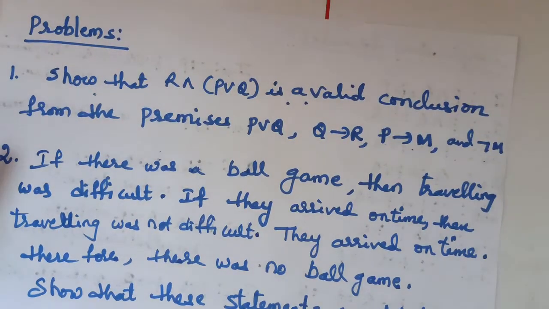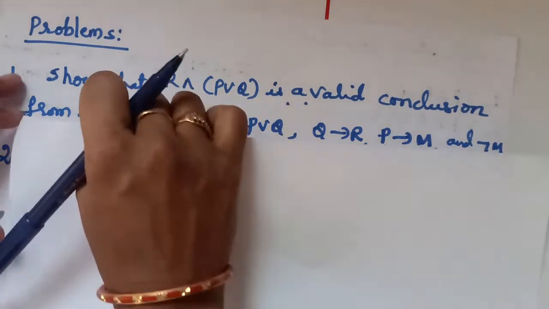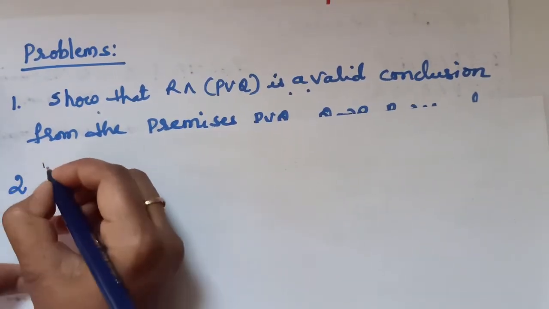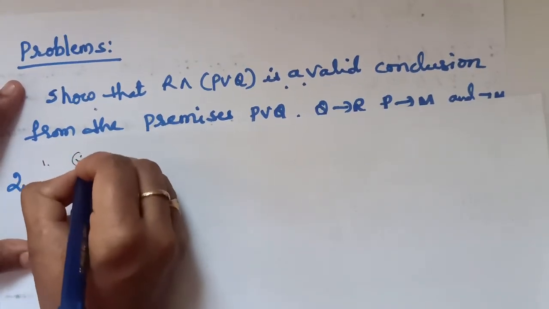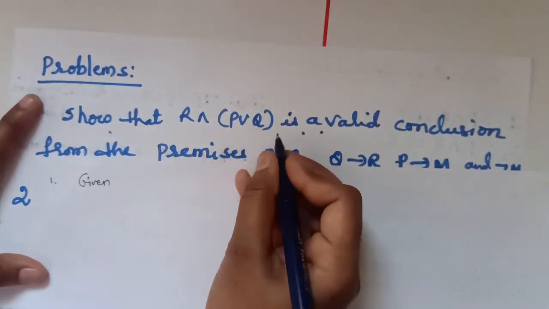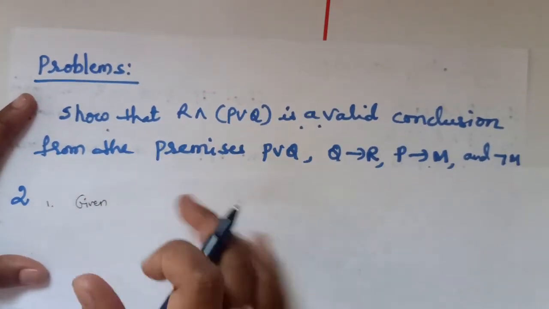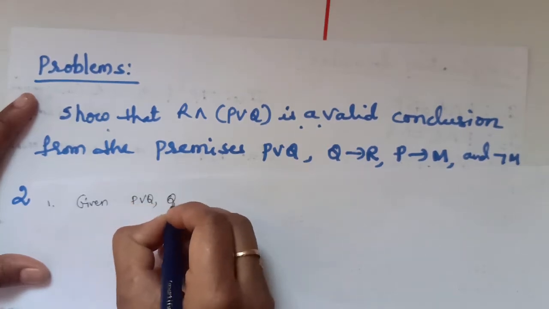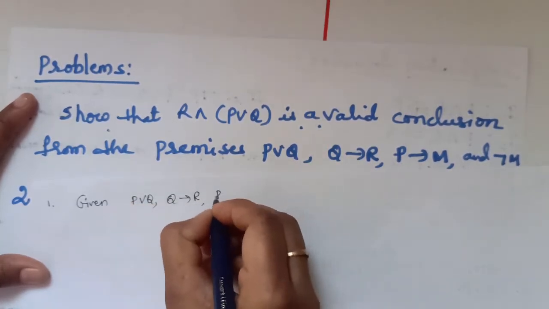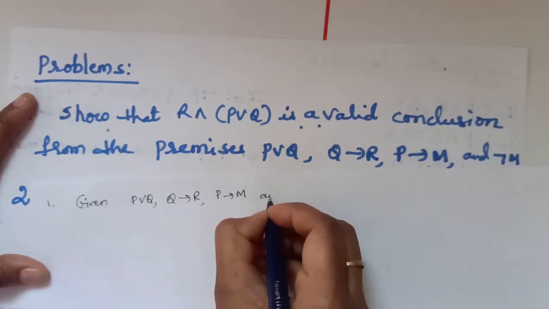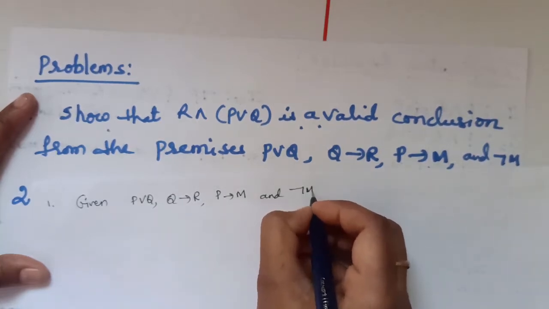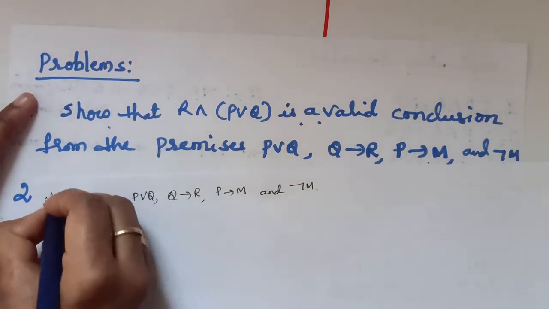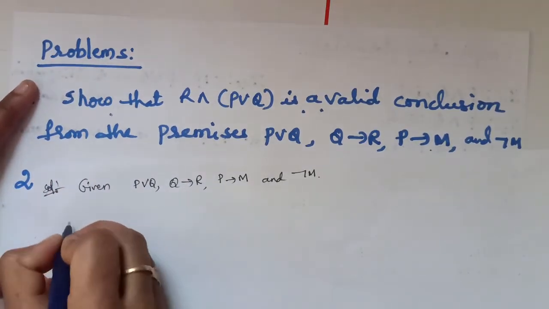Okay, I'll start with the first problem. Show that the given conclusion is valid from the premises P or Q, Q conditional R, P conditional M and negation M. These are the given premises.